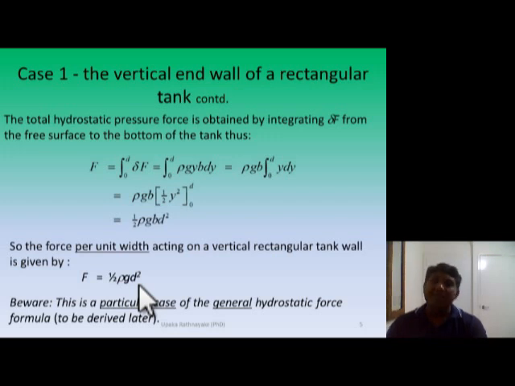That's per unit width. Sometimes this form is important when you go to real world examples like dams and so on. Okay, still we need one important point to find. That is the point of action.